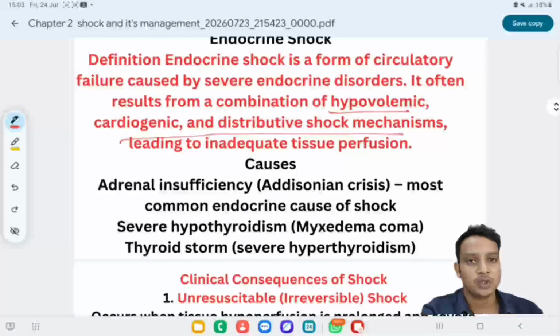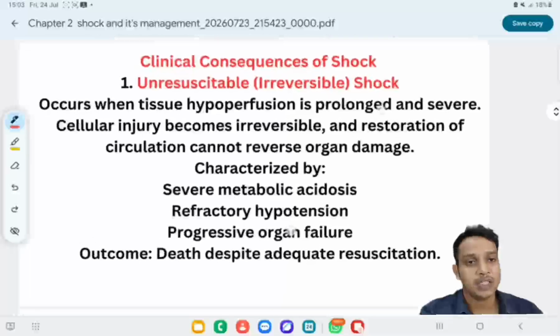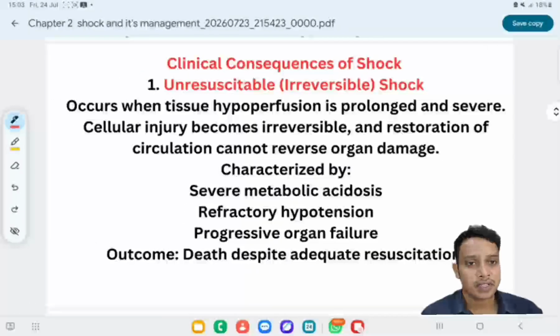Why are we studying these shocks in detail? Because whenever shock happens, the initial stages are reversible, but once this reversible stage is over, an irreversible shock happens.